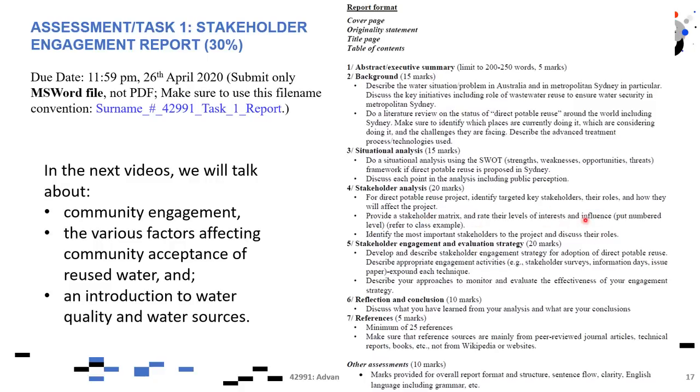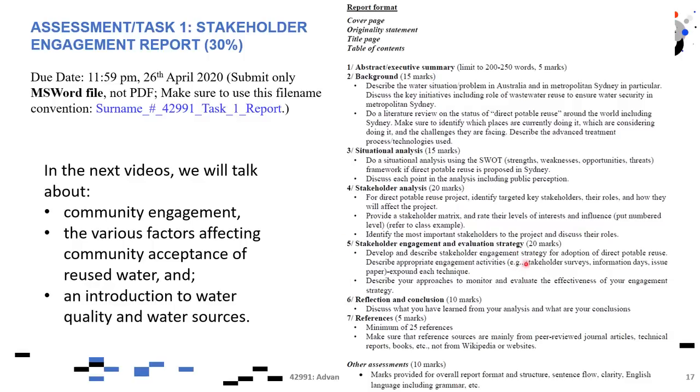I mentioned in the previous slide there is a matrix, like a graph, where you place stakeholders in different sections to show who we need to focus on. So the highest influence and the highest interest. All right, and then identify the most important stakeholders, as I mentioned.